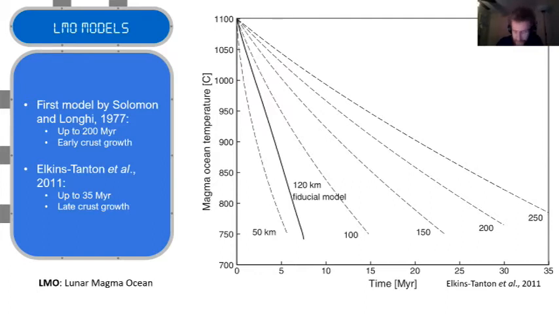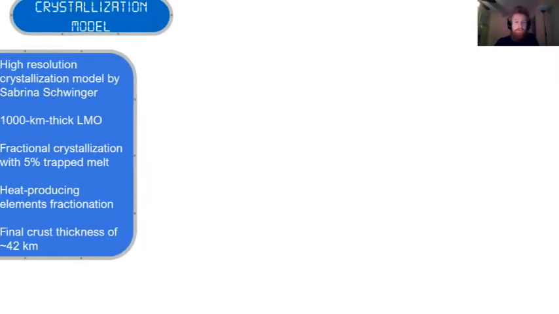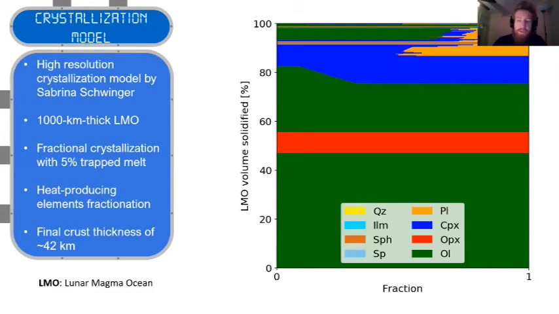So in order to address these different caveats, we decided to implement our own thermal evolution model for the moon, being as exhaustive as possible. And first, we relied on a high resolution crystallization model for the magma ocean, which was developed by Sabrina Schwinger from the German Aerospace Center.